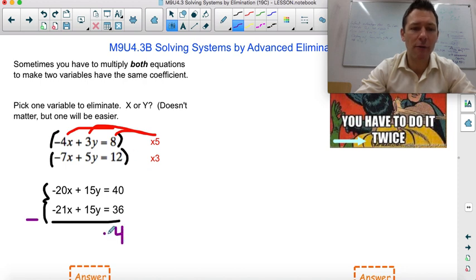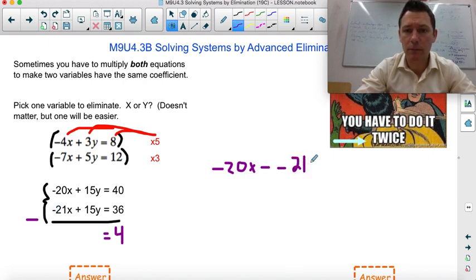This one's a little fussy, and sometimes I have to write this out if you want to see it nicely. Do take time to write these out, right? Negative 20x minus negative 21x. You're subtracting a negative, which means you're adding.